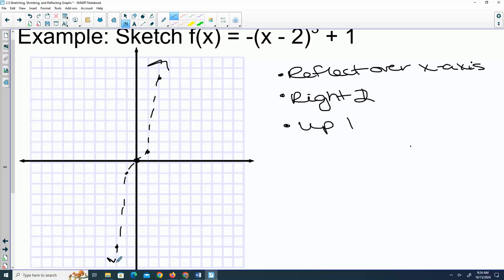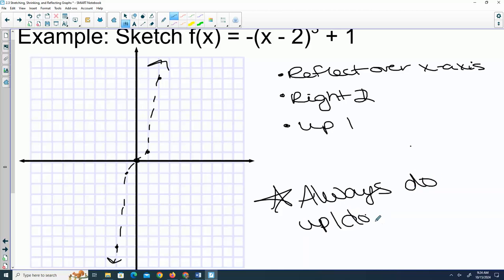When we do these, it is important to do the up and down movement last. Because you notice it's kind of separated. The negative has to happen. We have to flip before we move our graph up. Okay. So let's take a point 0, 0.